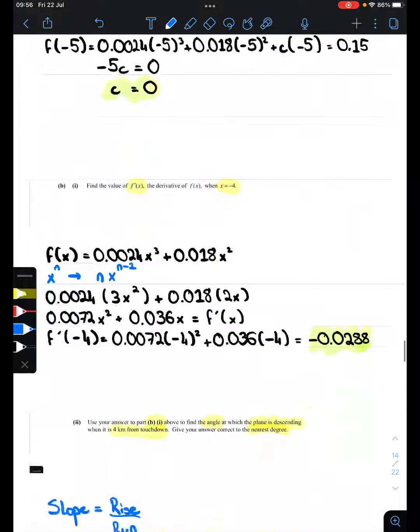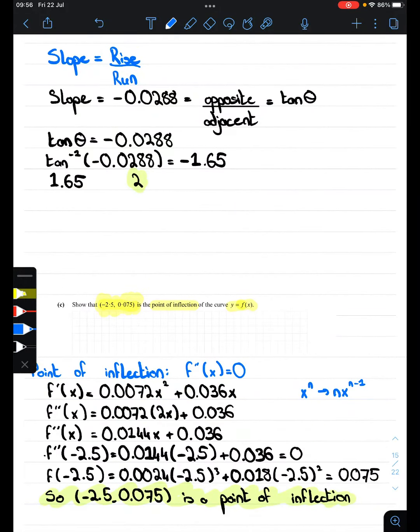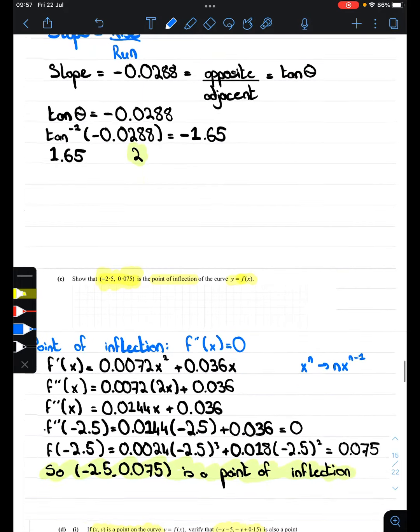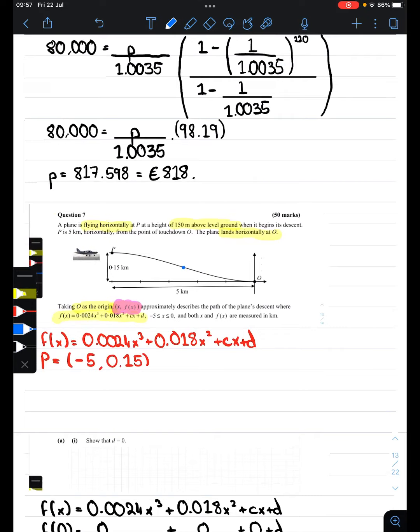That's our point of inflection. Yes, our point of inflection is minus 2.5, 0.075. Okay, so let's say we have a point on the curve, and we know that this is on the curve. Let's say our point is here. This is minus x minus 5.